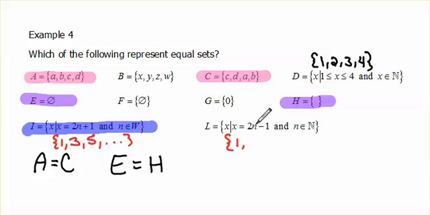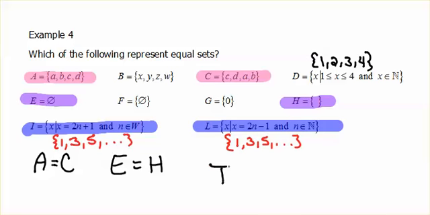If I use 2, 2 times 2 is 4, minus 1 is 3. If I use 3, 2 times 3 is 6, minus 1 is 5, and so on and so forth. By doing that, we can see that those sets are actually identical. So I is equal to L. They are the exact same sets.